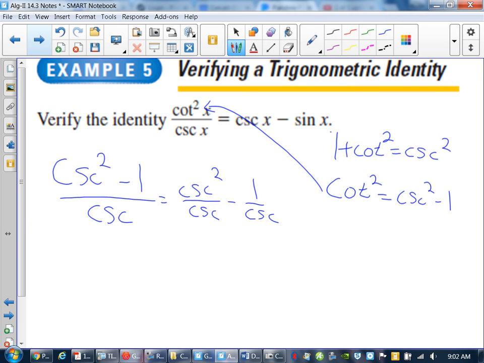And now I can simplify each of those fractions independently. What's cosecant squared over cosecant? Cosecant. What's 1 over cosecant? Sine. That's a good trick right there. Common denominators, working backwards to a common denominator. Have I lost you yet?